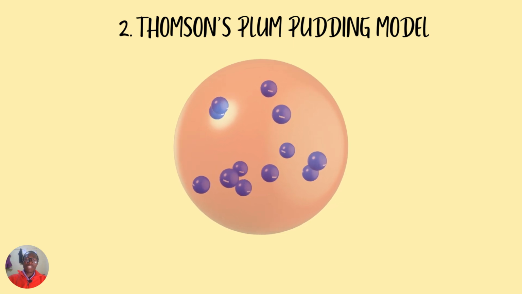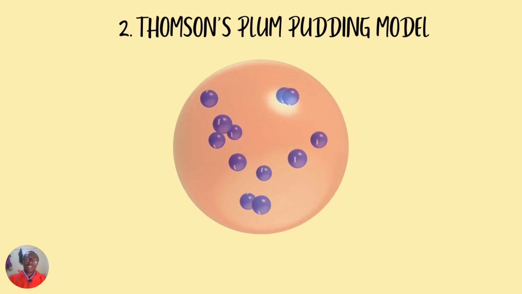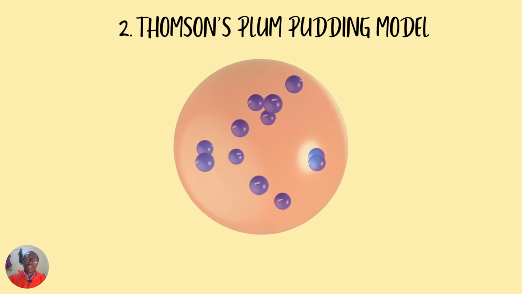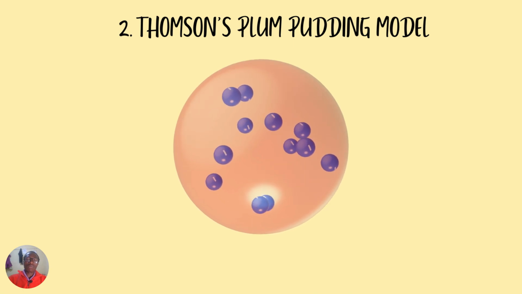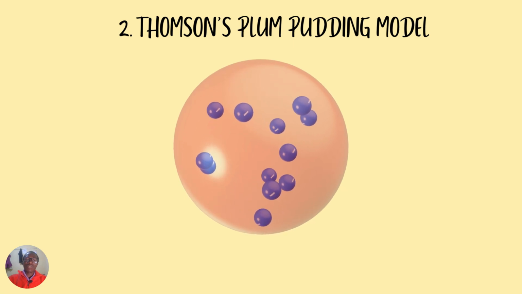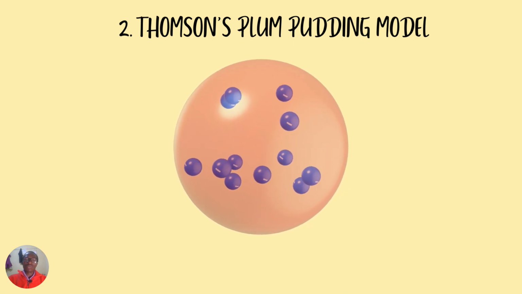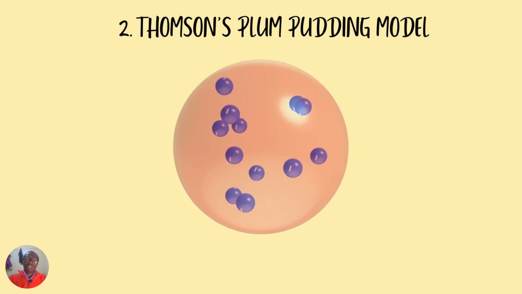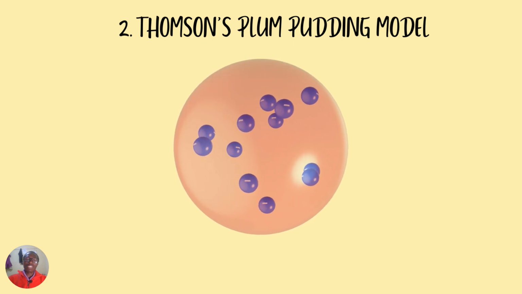But here is a picture representing Thomson's plum pudding model. The small particles inside the sphere represent the electrons, which are negatively charged, while the sphere itself was positively charged, just to match the positive and negative. But this model was not able to show the stability of atoms.